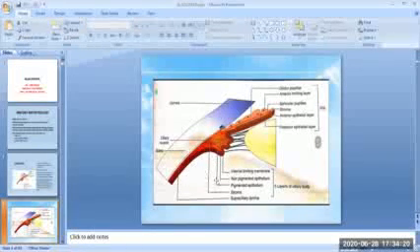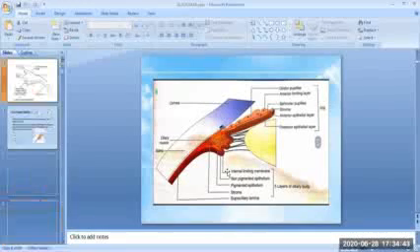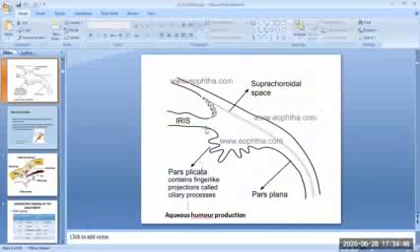There are 5 layers of the ciliary body: the supraciliary lamina, the outermost, then stroma, then pigmented epithelium, then non-pigmented epithelium, and the innermost is the internal limiting membrane. These are all the layers of the ciliary body. This is the pars plana part of the ciliary body, and this is the pars plicata part.